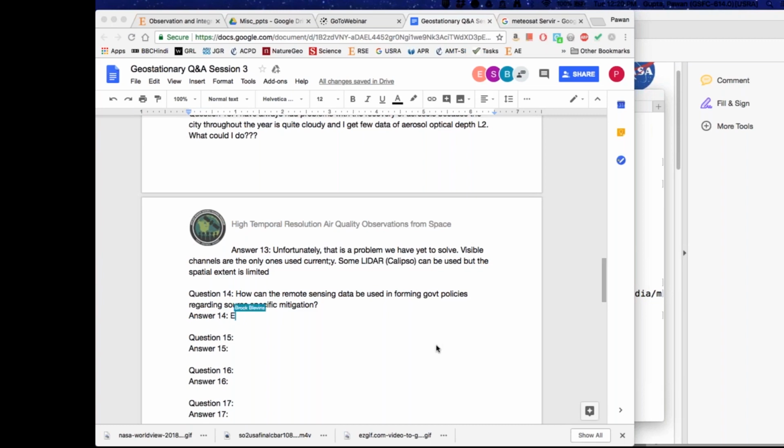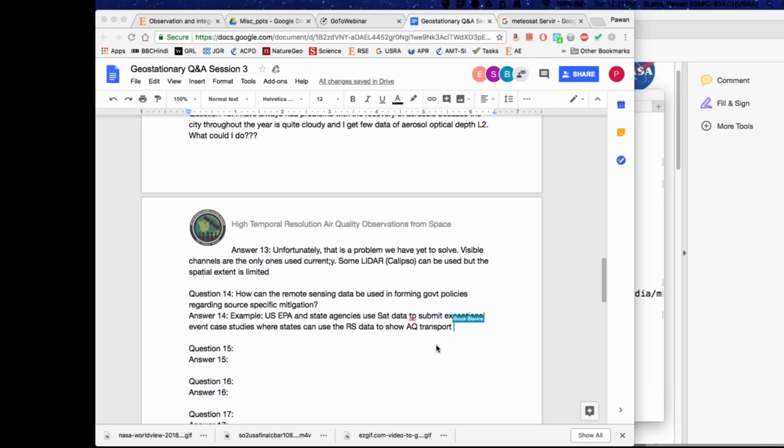For example, US EPA and state agencies use satellite data to submit exceptional event case studies, where certain states can use satellite remote sensing data to show that the pollution affecting their particular state or city did not originate in that state, but was transported from another state or from a source far away. That's one way people have used it.